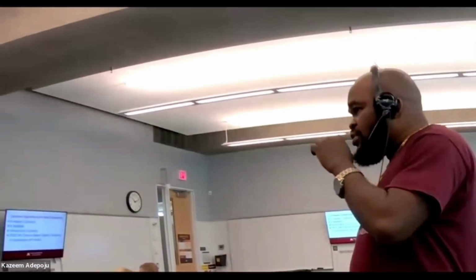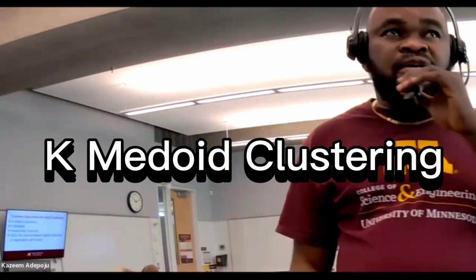One of the algorithms we use for that is K-means clustering, which we did on Friday. Now we have K-Medoid that we're going to walk through. We also have hierarchical clustering, and density-based spatial clustering of applications with noise. Right now, I'm going to go into K-Medoid. You know how K-means works.